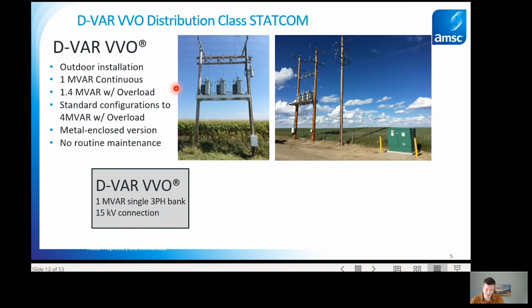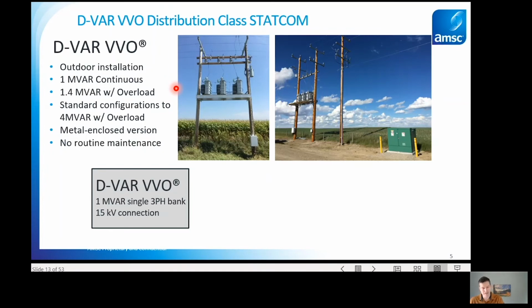It is literally engineered from the ground up just to operate optimally in distribution networks. So outdoor installation, our VVO StatCom has a nominal nameplate rating of 1 mVAR continuous. That's at 1247. And then it has, importantly, an overload characteristic. And that overload pertains to a 1-minute rating that can happen up to 5 times an hour.